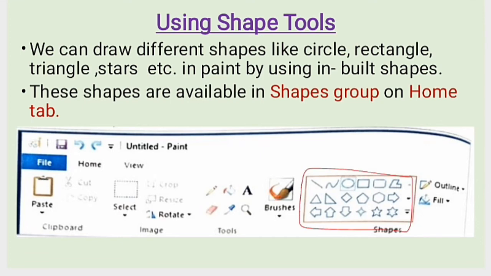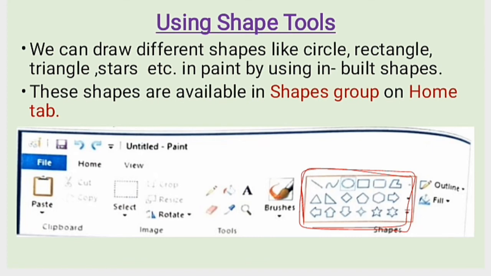There is a group known as Shapes, and this Shapes group contains different types of shape tools. So we can draw different shapes like circles, rectangles, triangles, stars, etc. in Paint by using inbuilt shapes.